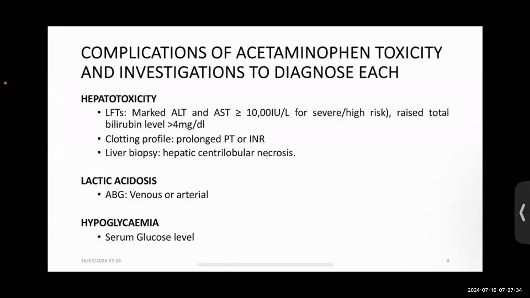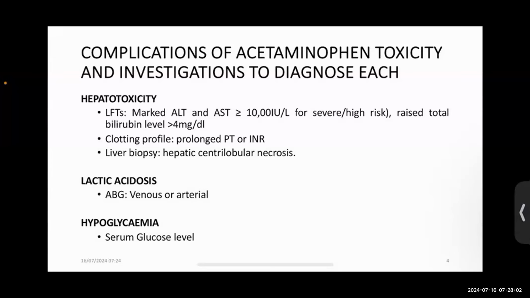The liver function values start increasing around the second stage, and it can be severe, up to 10,000. So the LFT can help us know about the hepatotoxicity. Also, the synthetic function of the liver is affected, so we have prolonged prothrombin time and INR. Then, if possible, to do a liver biopsy, you can see hepatic centrilobular necrosis.